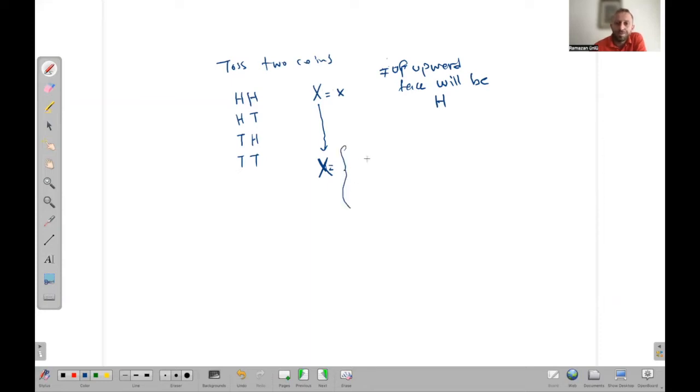What can x be? It can be 0 heads, 1 head, and 2 heads, which means it is not possible to get any other values.